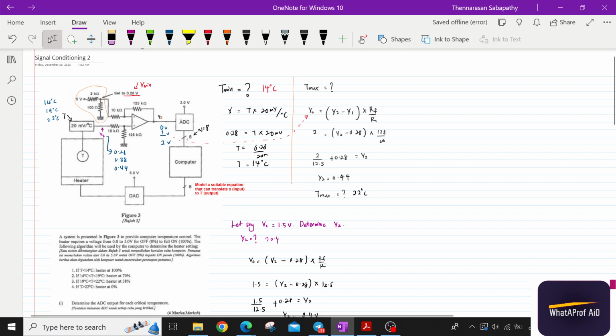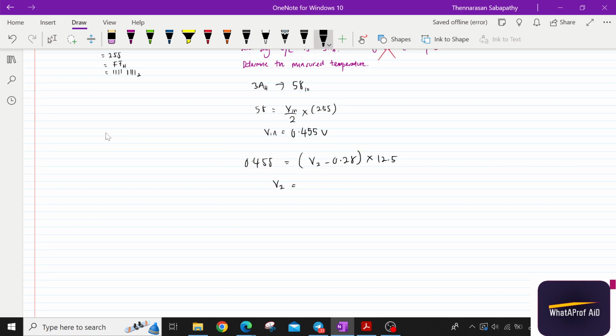What is the V2 now? 0.3164. This is the voltage produced by the sensor over here, V2.